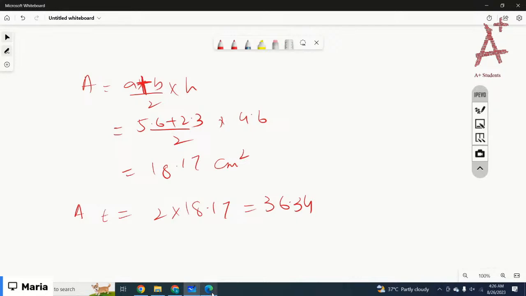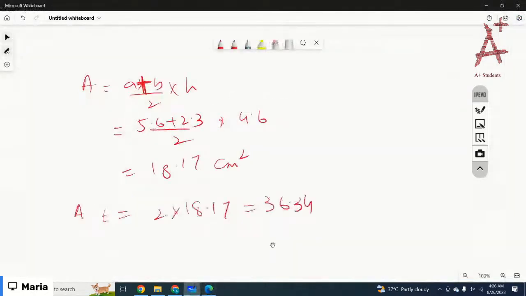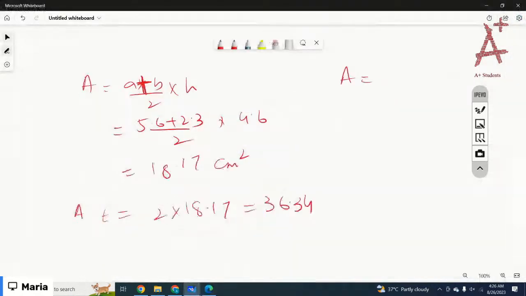Now we have to calculate the area of the middle trapezoid, right? Because this one has different values, it would be 5.7 and 3.8. So 5.7 plus 3.8 over 2, and the height of the trapezoid is 5.6.